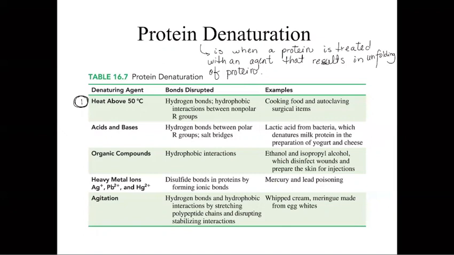So when we look at the protein structure levels, heating something above 50 degrees Celsius is going to affect the secondary, tertiary, and quaternary structure, if available, just because quaternaries are not common.